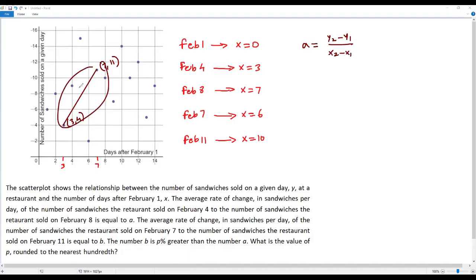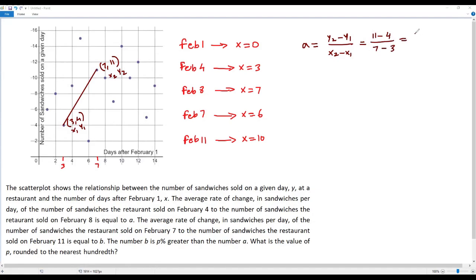For that, we consider 3, 4 as the point x1, y1 and 7, 11 as the point x2, y2. Now we plug in values: the value of y2 is 11, the value of y1 is 4, the value of x2 is 7, and the value of x1 is 3.